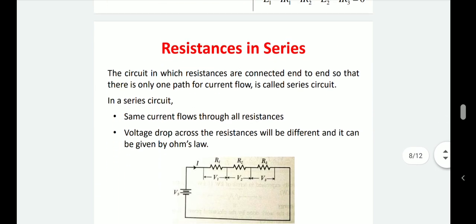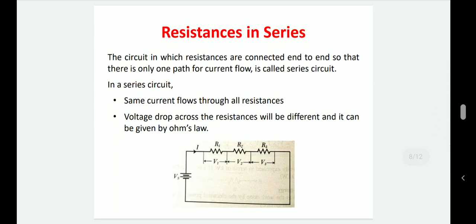Okay, then next is the combination of resistances. Resistances can be connected in series as well as parallel, or a combination of series and parallel.